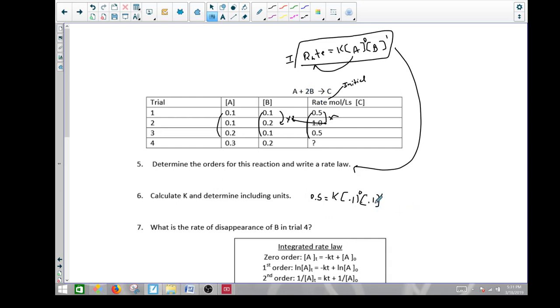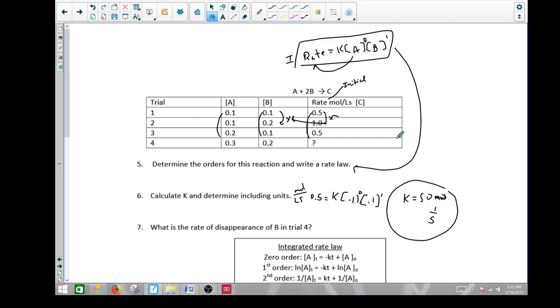So 0.1 squared is 0.01, divide out for the K. 0.5 divided by 0.01 equals 50. K equals 50. And the units? Well, if the rate is moles per liter per second, I'm going to divide out a mole per liter. When I divide out a mole per liter, multiply by the reciprocal, I get 1 over seconds, and that is my unit.